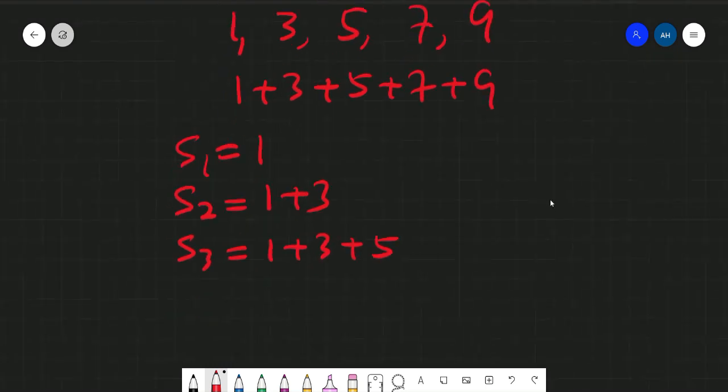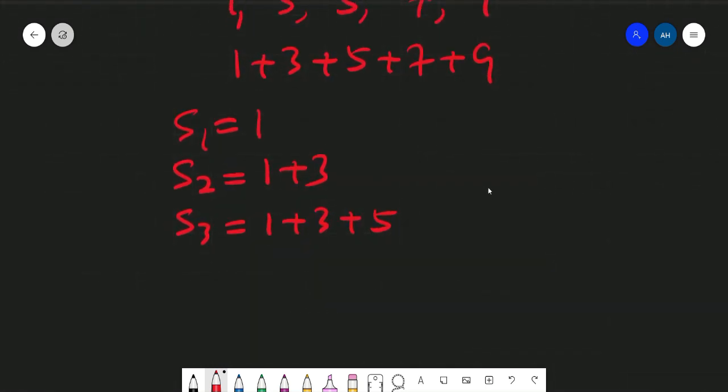You can continue that. And the last partial sum will be S5, the fifth partial sum, which is the sum of the whole number, 1 plus 3 plus 5 plus 7 plus 9. Here we just want to explain what we mean by partial sum.